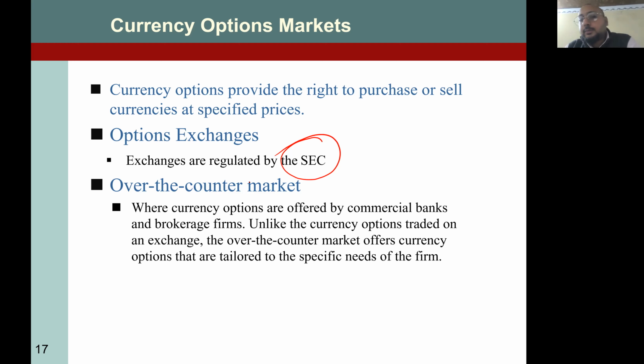But the idea is that there are options available on exchange as well as personalized ones. If they are personalized or customized, they would be traded according to individual customer needs.